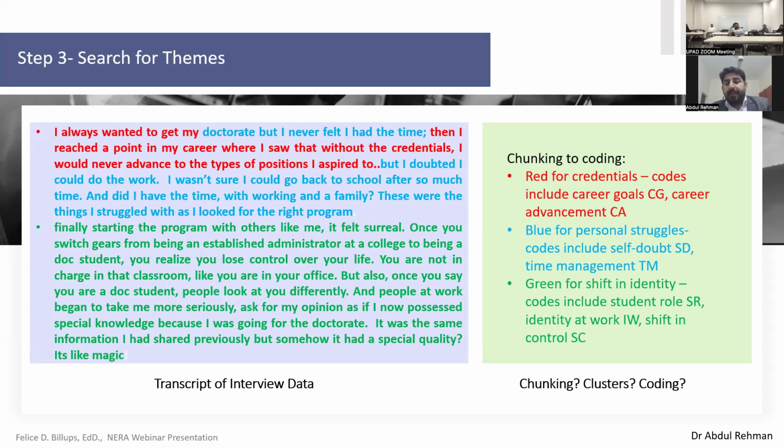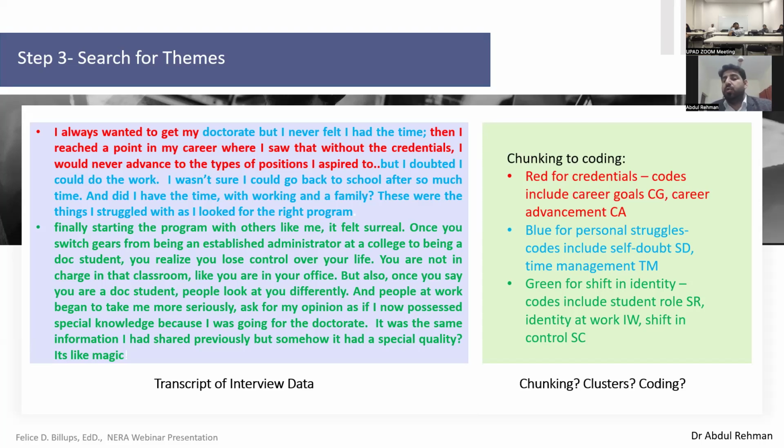Now the third step of thematic analysis, search for themes. Red for credentials, blue for personal struggles, green for shift in identities. So these are different. From red, blue, and green, we extract the themes. What can be the themes? For example, red is describing career advancement.